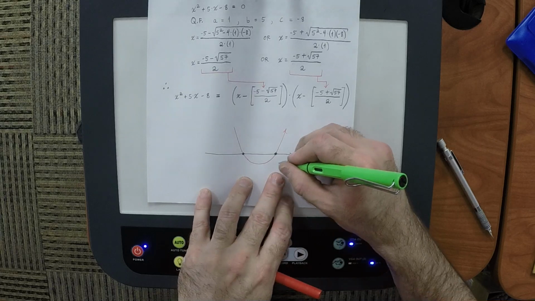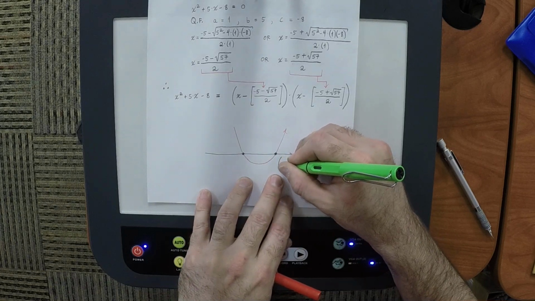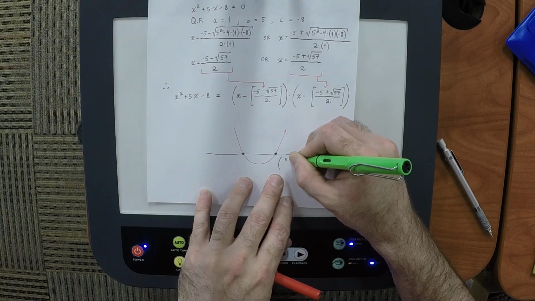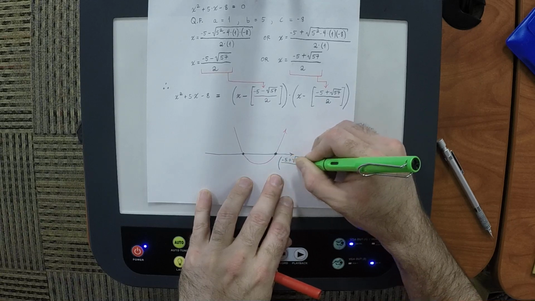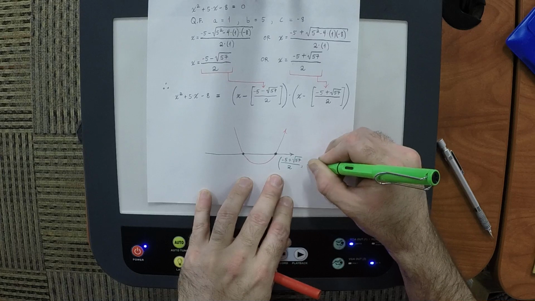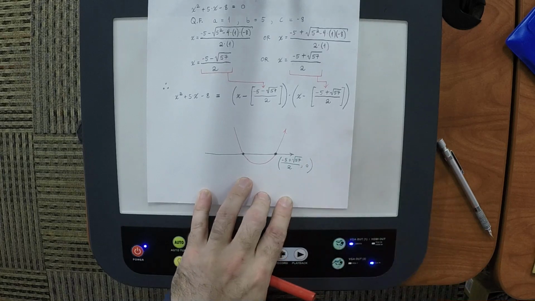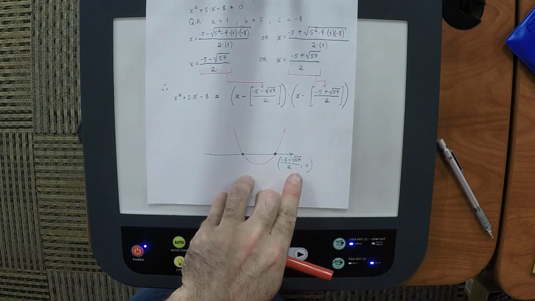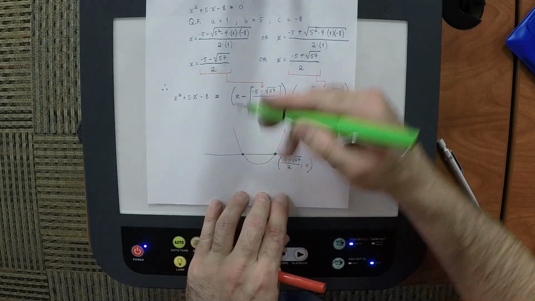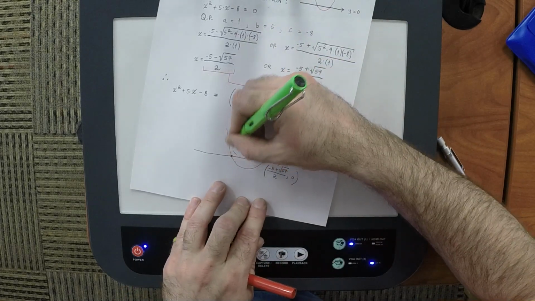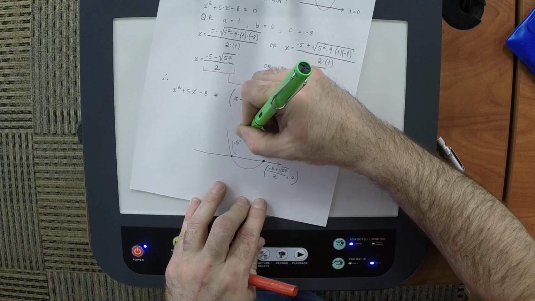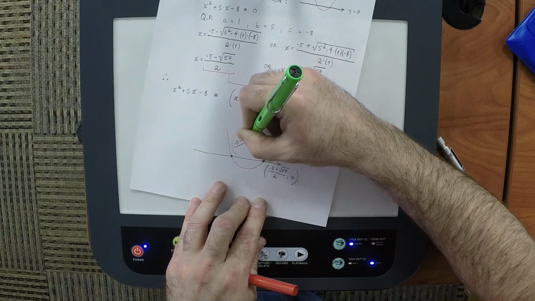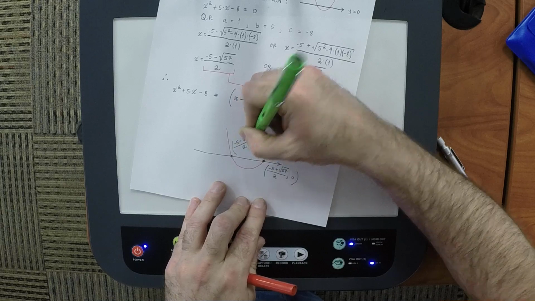All right. This one is negative 5 plus the square root of 57 over 2, comma 0. There's an x-intercept right there. And this one is the other one, right? So that'd be negative 5, subtract the square root of the discriminant over 2, comma 0.